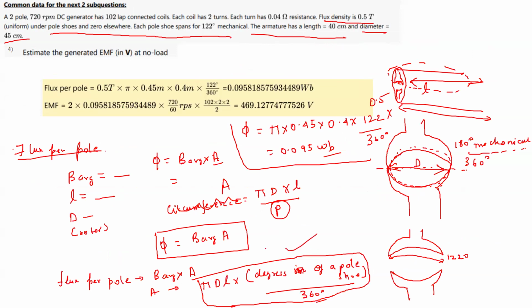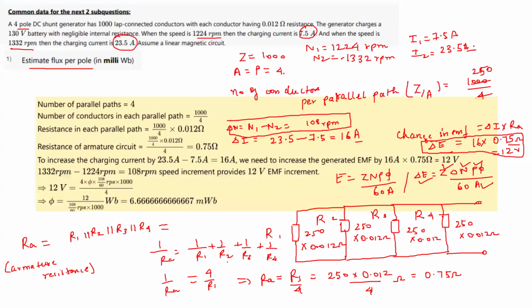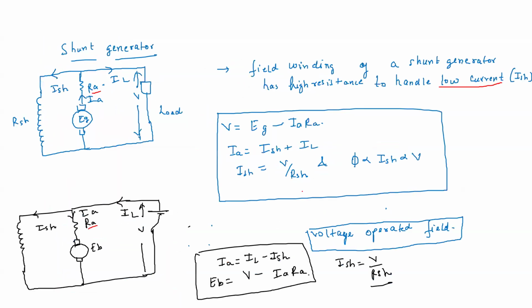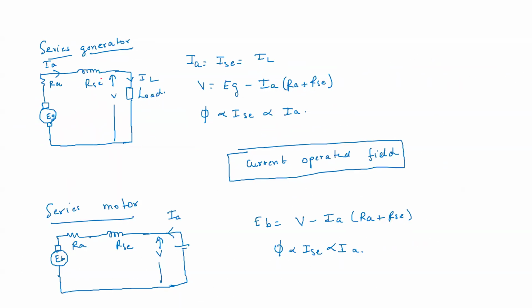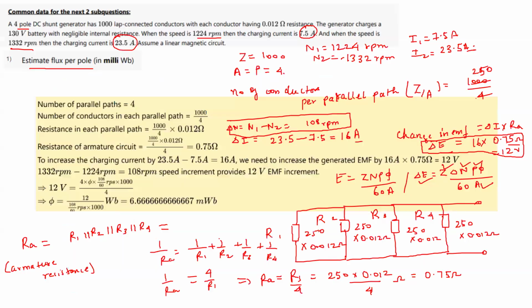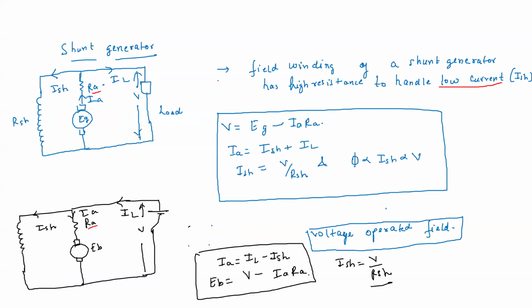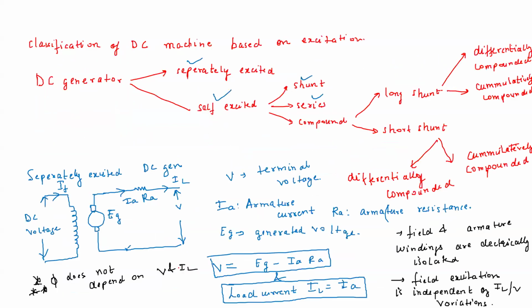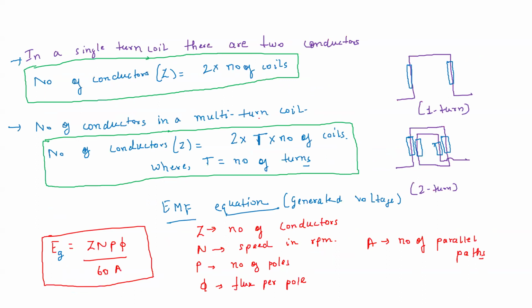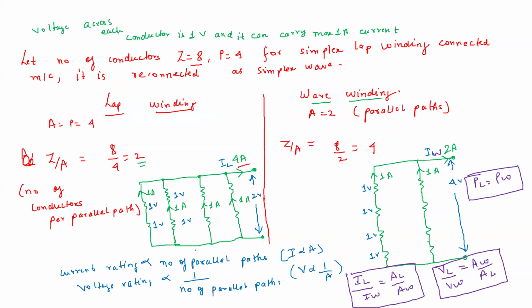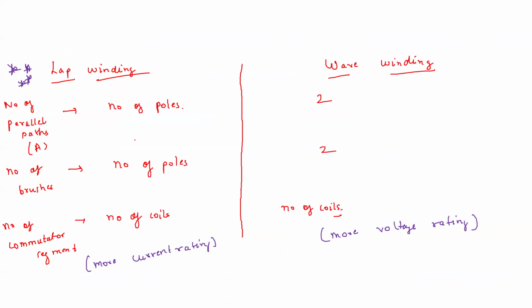And initially I discussed shunt generator, series generator, motor, and how the equations change in the case of motor and how they are in case of generator. Then this is the EMF equation which is very commonly used, and this is the lap winding and wave winding, various things.